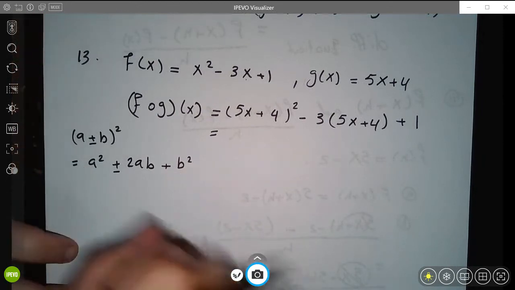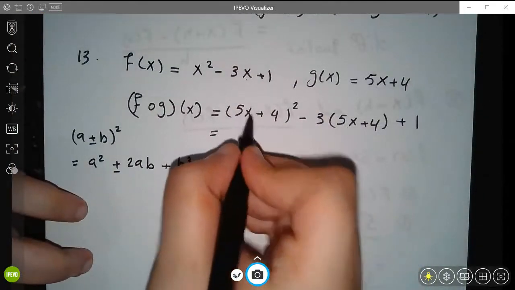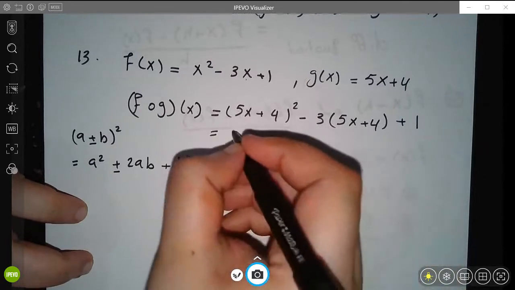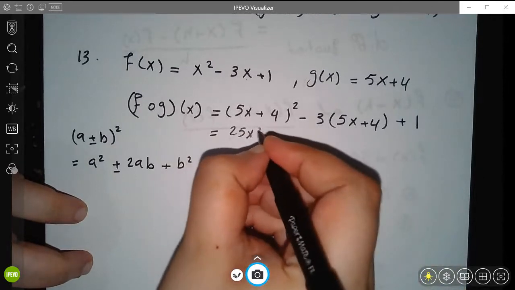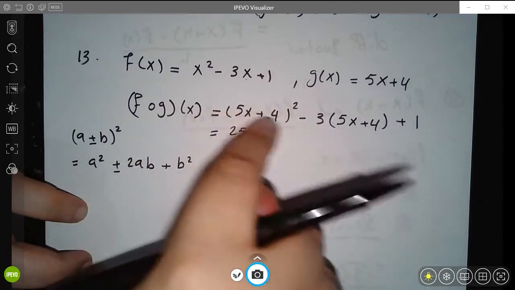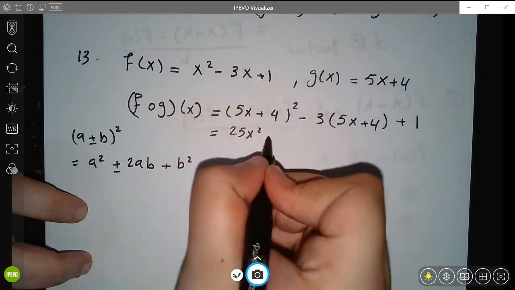Okay? Now, let's use that here. So we have 5x squared, and 5 itself is going to get squared, so it's going to be 25x squared. And then I'm going to have 5 and 4 multiplied together. That's 20x times 2, 40x.